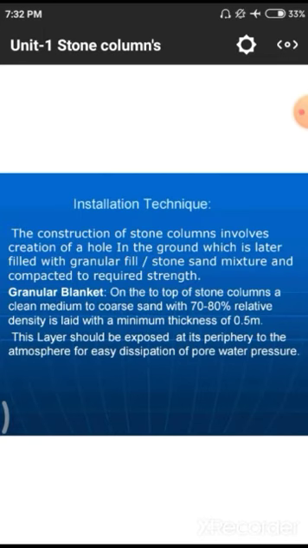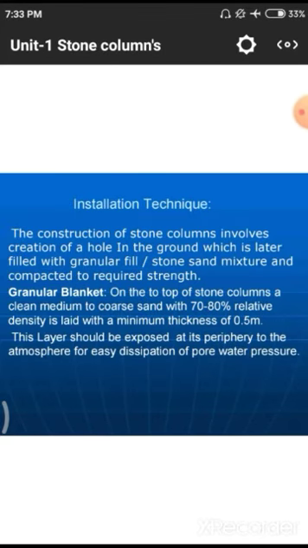Next one is the installation technique, how we need to install a particular stone column in different soils. First of all, the construction of a stone column involves creating a hole in the ground itself.